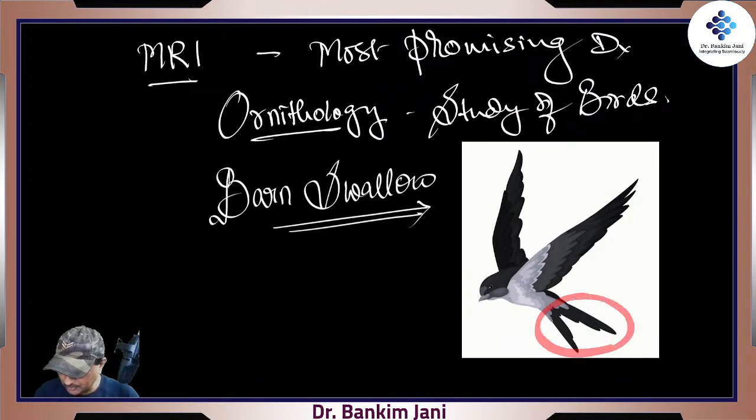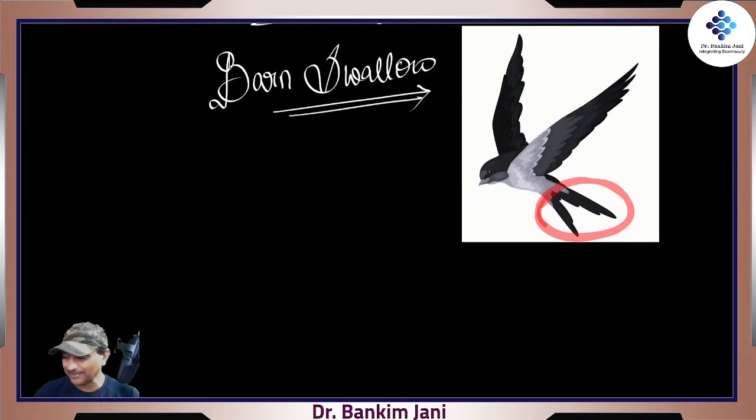So focus only on the tail, right? And this is what we'll be using in MRI. As such, when we study radiology, many of the signs are based on fruits, things to eat, these birds, or some cartoons. Very interesting signs.